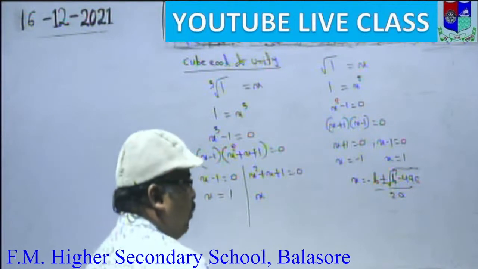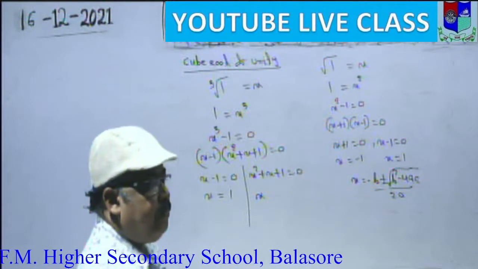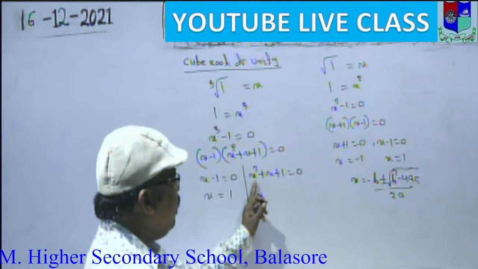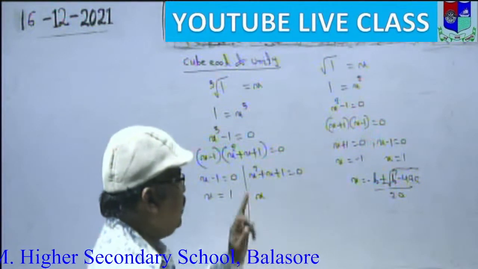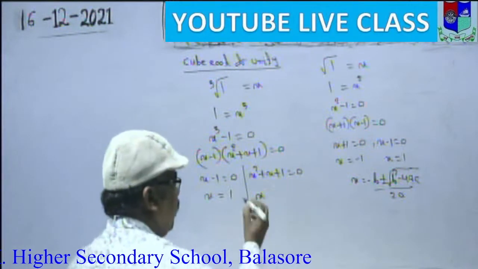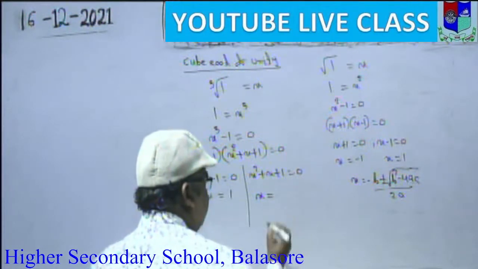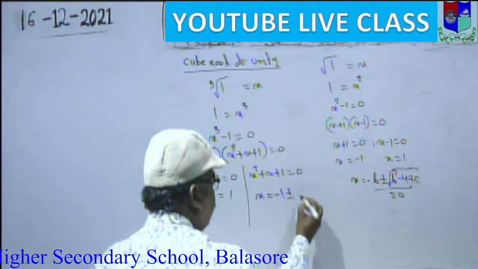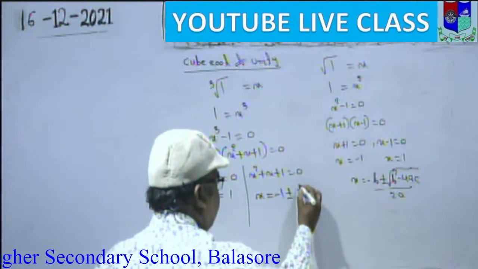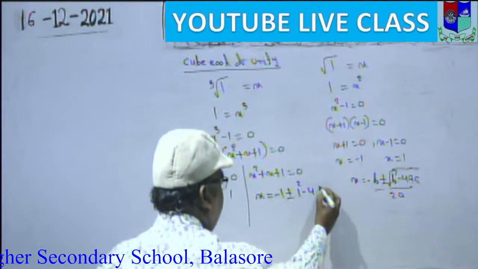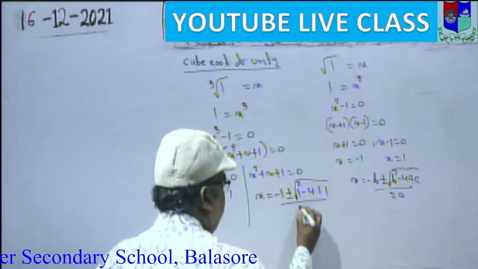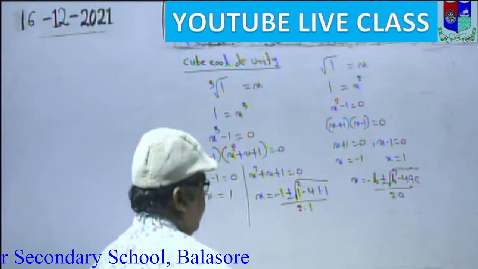So now we find here a equal to 1, b equal to 1 and c equal to 1. So minus b means minus 1 plus or minus square root of b square minus 4ac divided by 2a.